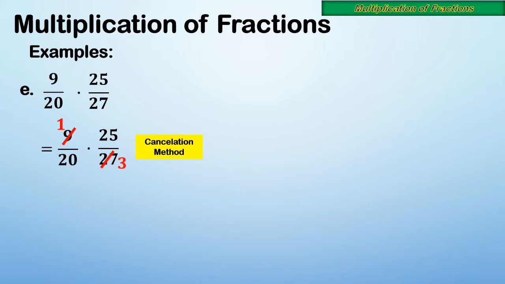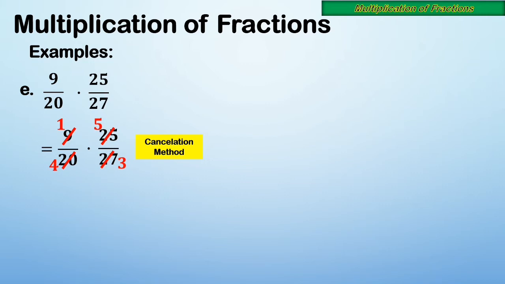Next, ang pangalawa naman, ito, 20 at saka 25. Ano ang greatest common factor nila? 5. 20 divided by 5 is 4, and 25 divided by 5 is 5.